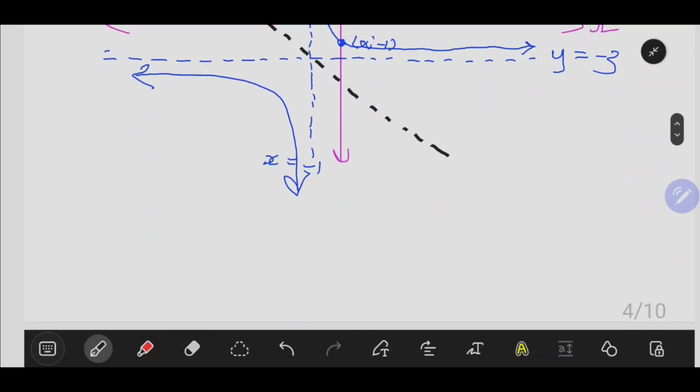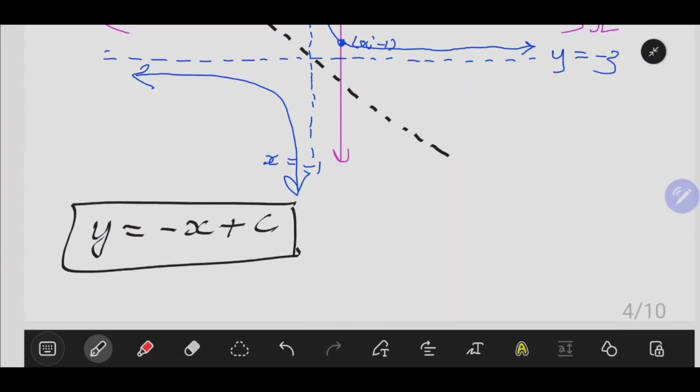So if they told you about that situation, you are going to say y is equals to negative x plus c. So this represents a straight line equation for a decreasing function, or for a negative slope.